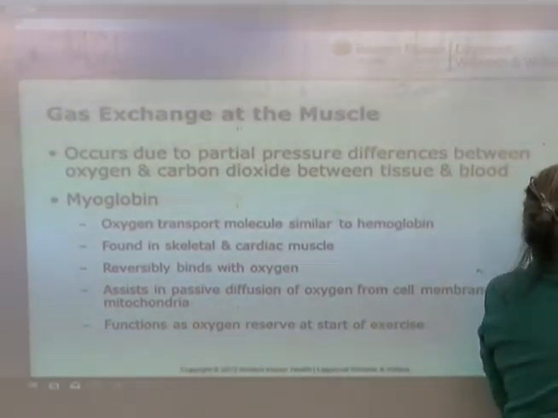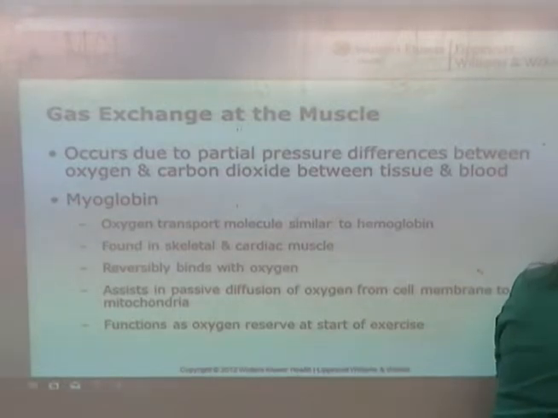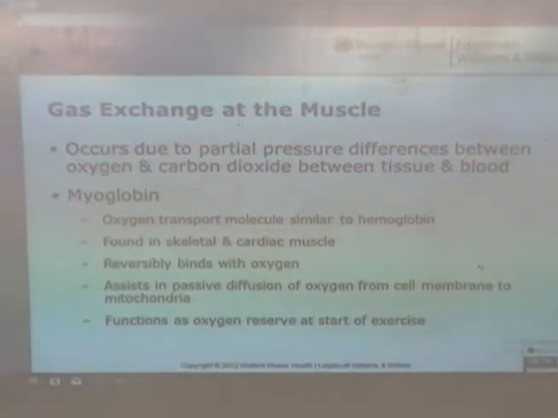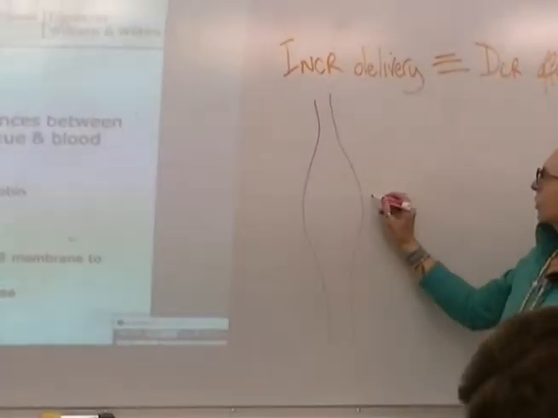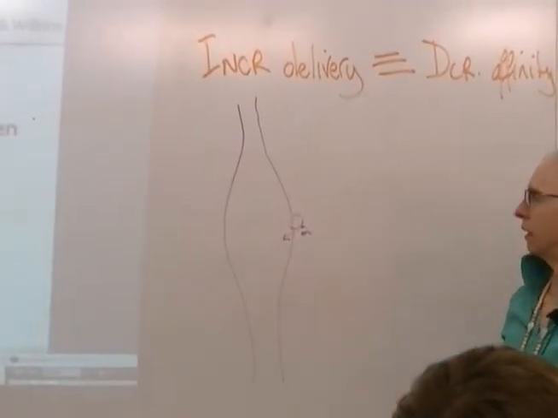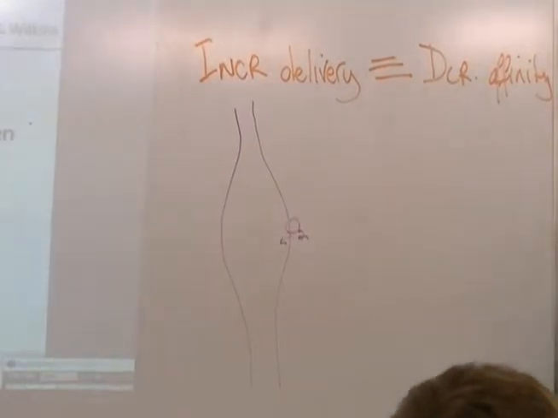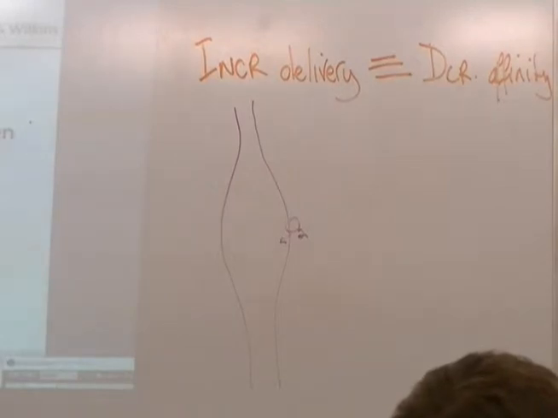Right? If this is my muscle cell, and my oxygen is here, where does system 3, where does aerobic metabolism take place within the cell? In the mitochondria.